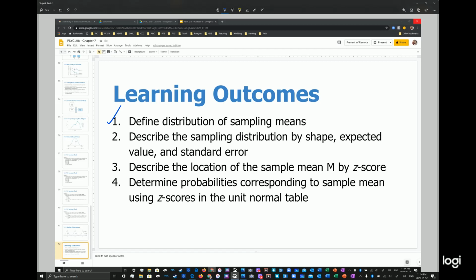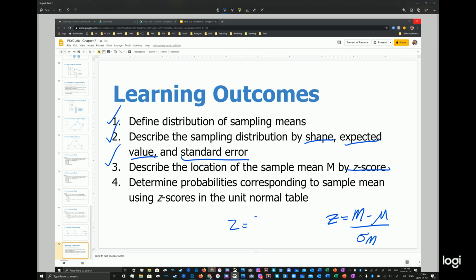We have described the sampling distribution by its shape, its expected value, and its standard error. Again, the standard error is the standard deviation of the sampling distribution. We've also described the location of a sample mean using z-scores. Again, the formula here is the same as the z-score for any score, but instead of using x and sigma, we use M for sample mean and sigma with a subscript M for standard error.